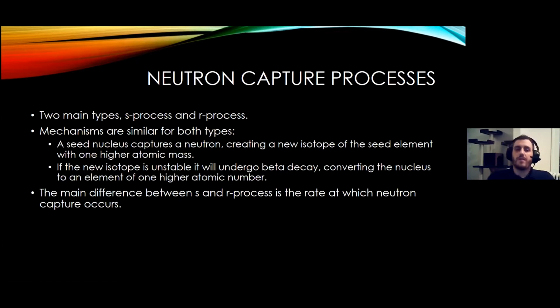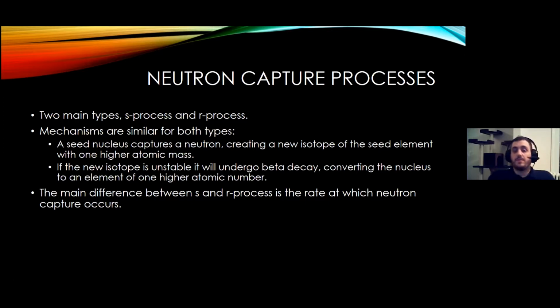So if you start with iron-56, then you will capture a neutron. It'll make an iron-57 isotope. If that new isotope is unstable, it will undergo beta decay, which will convert the nucleus into an element of one higher atomic number. So it'll turn a neutron into a proton, and it'll create a new element.